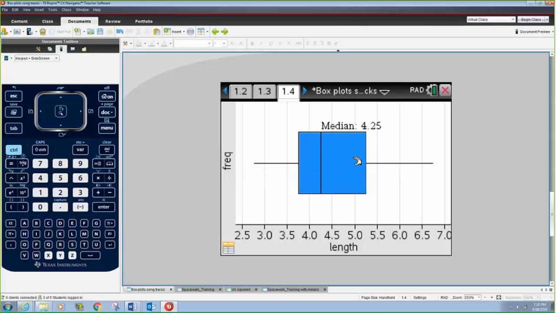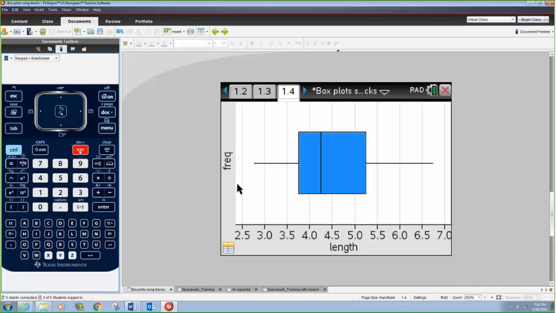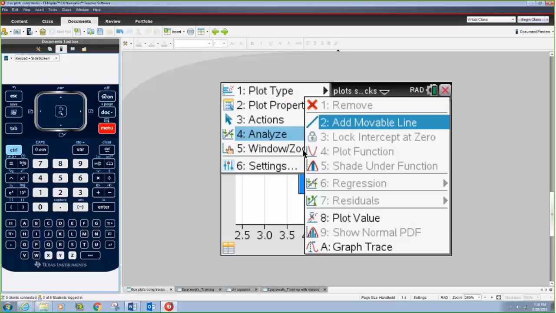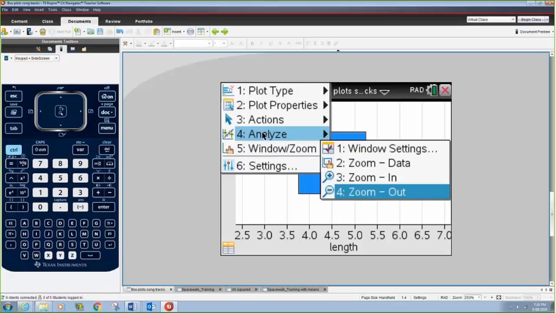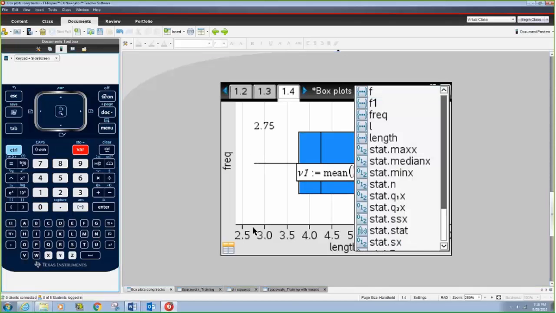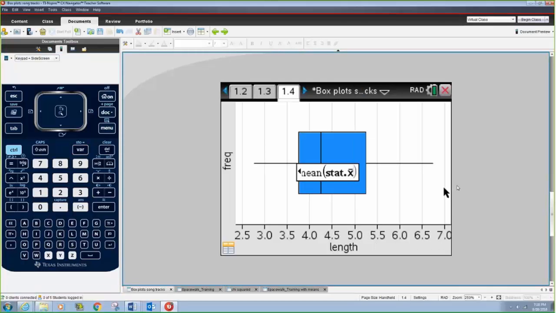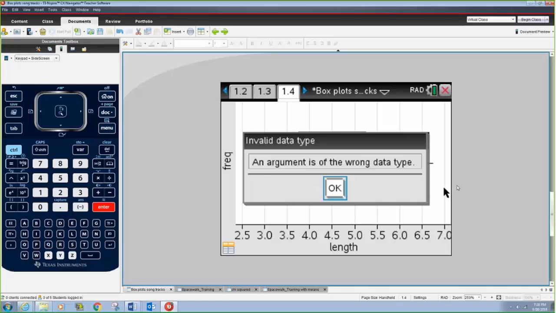Now if I want to show the mean here, I can't do the mean of length because of course it would only do the mean of length statistics, but if we look up variable, but then I would have to do, let's say if I want to analyze plot value, and I want to show mean of, and then we can go to variables, and then we can identify X, which is actually calculated in the previous scheme.